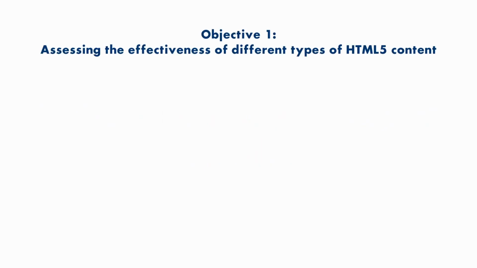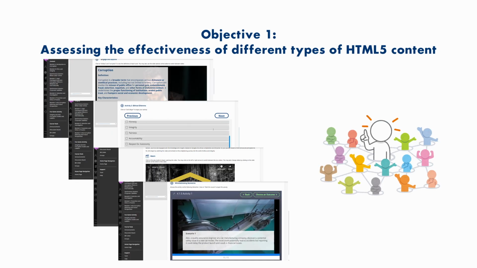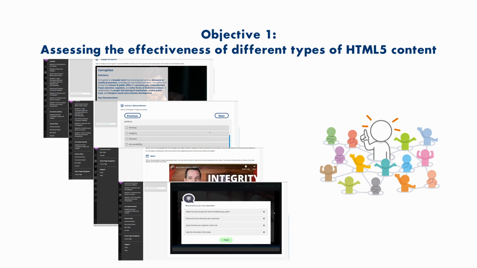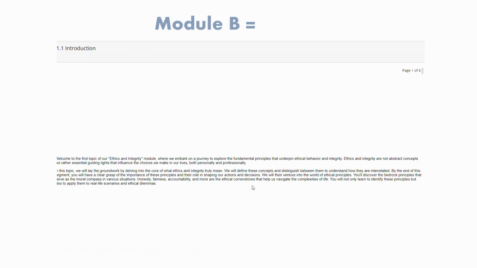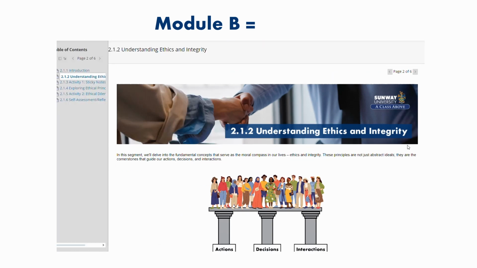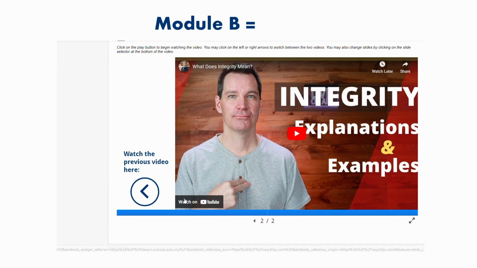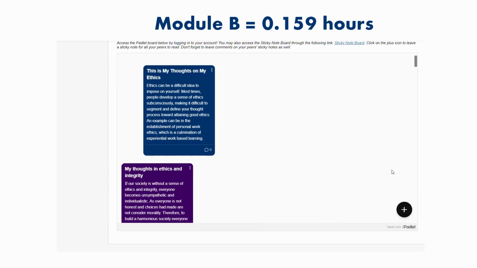For Objective 1, assessing the effectiveness of different types of HTML5 content, we found that quantity of H5P content types, such as interactive presentations, timelines, dialog cards, etc., does not necessarily dictate how learners engage with the module. For example, Module B, which recorded the highest variability of H5P asset types, did not record the highest engagement in terms of average time spent per learner at 0.159 hours.